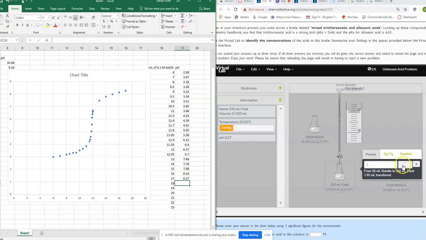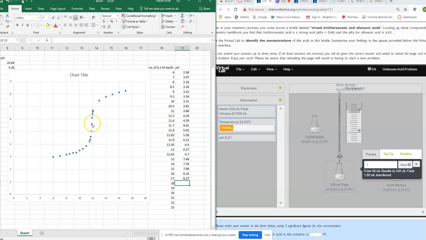If it goes up again, how do you know which? Is there 2 endpoints? Yes, there are 2 endpoints. This first endpoint is used to determine the concentration of the weak acid.